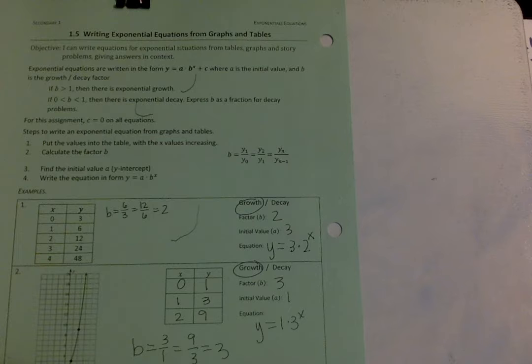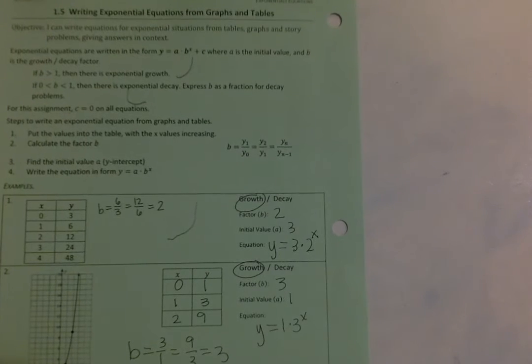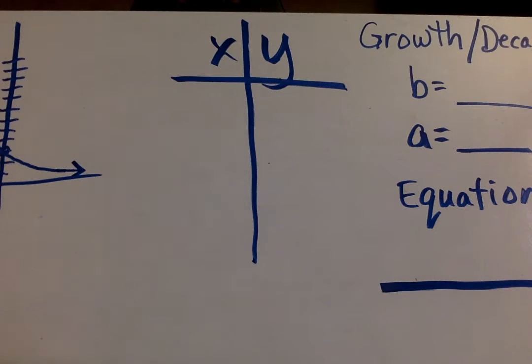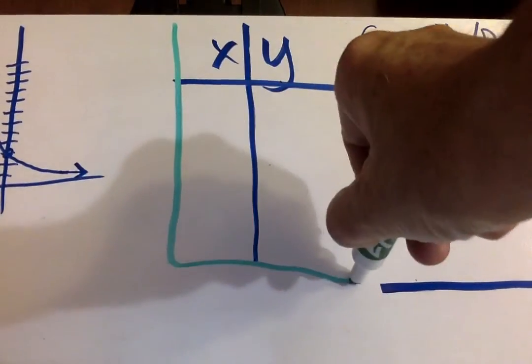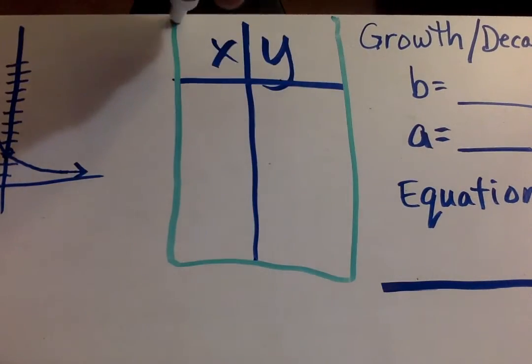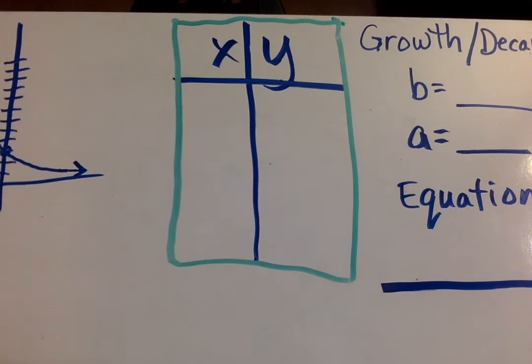Next, we are going to go on and do one of the problems from the notes. So we're going to jump to number 6, which is on page 20, and we're going to write our numbers in the chart. Okay, so we have this chart here. I usually do an XY chart, but they make a full table like that, and that's fine.